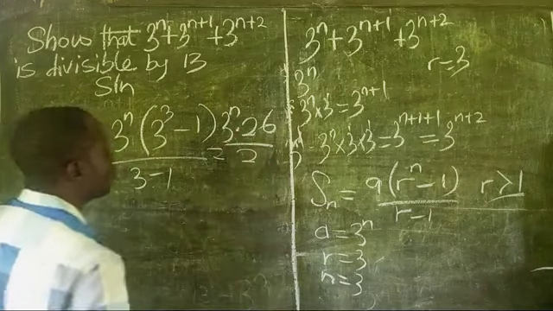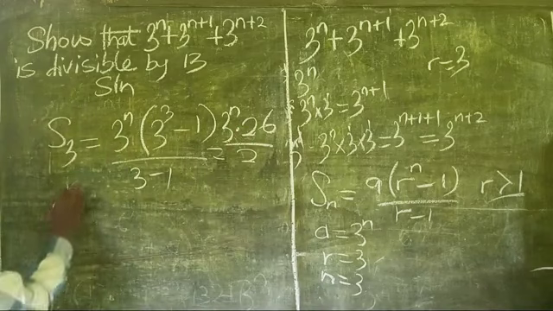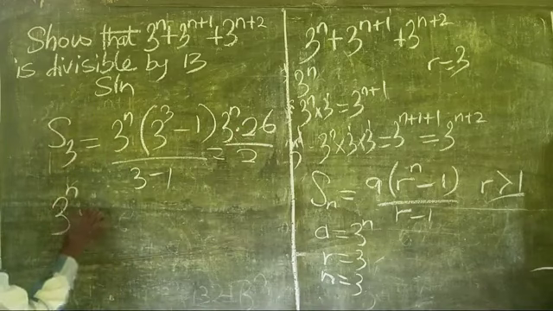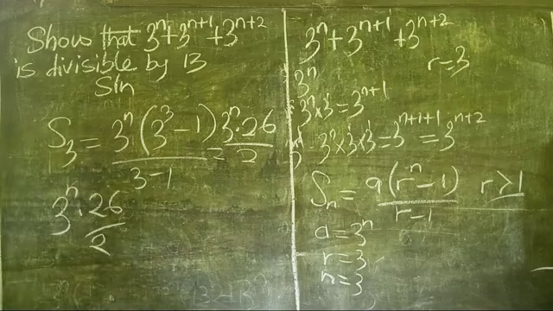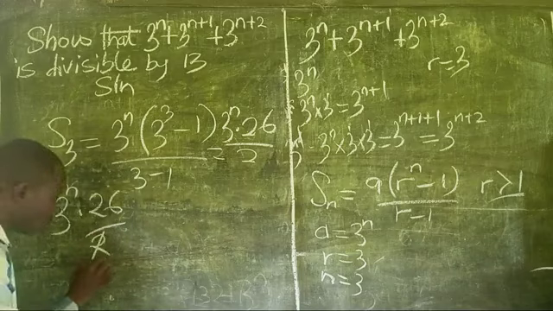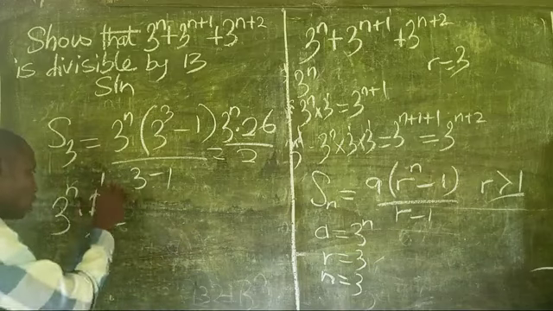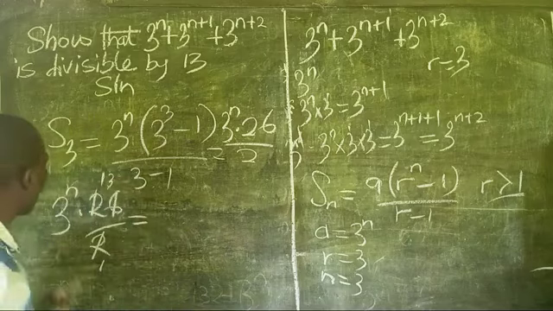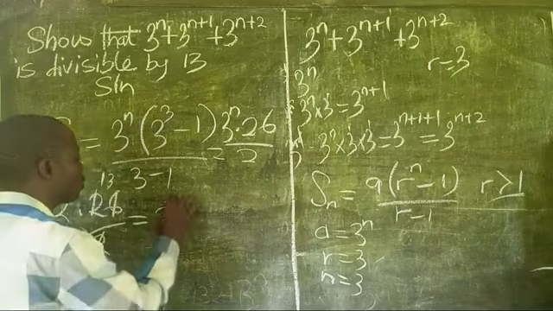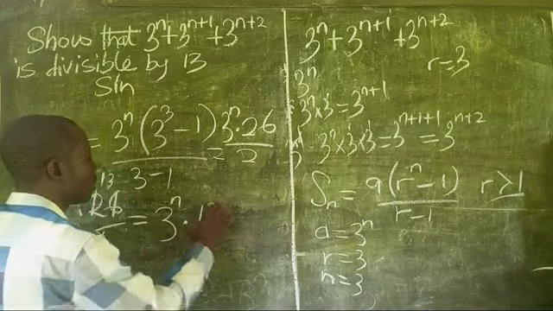So we have 3 raised to power n times 26 all over 2. We can cancel 2 into 2, 1, and 2 into 6, we have 3. Eventually, our answer becomes 3 raised to power n times 13.